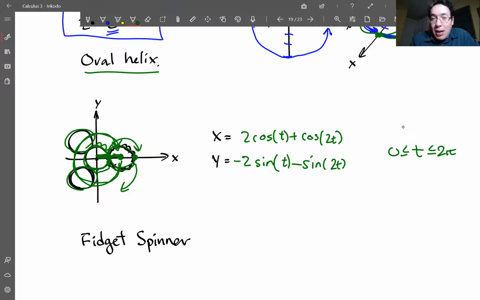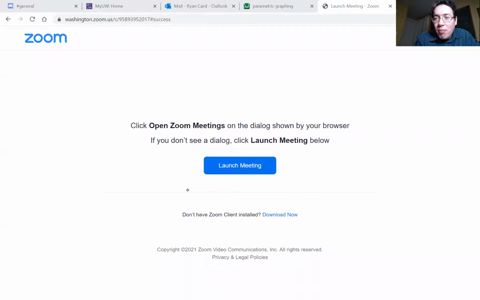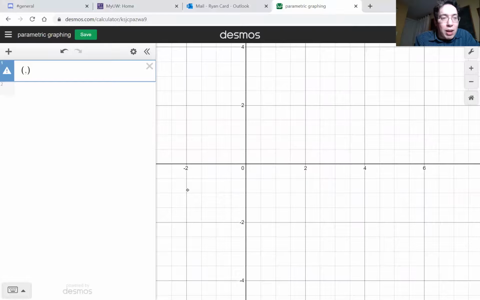Okay. That's what the curve looks like. Let's see if we can see that picture. I'm going to draw this in Desmos. Okay, so here's Desmos.